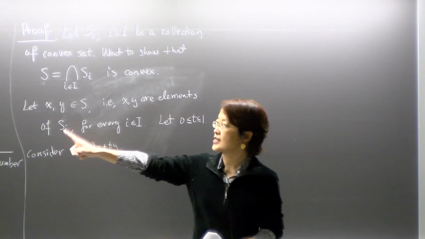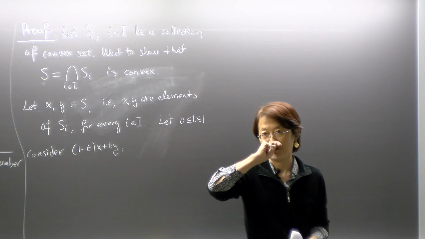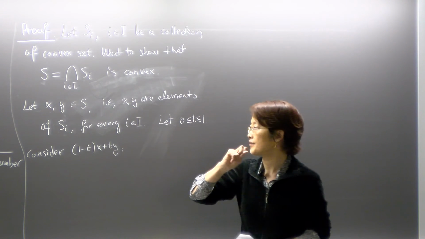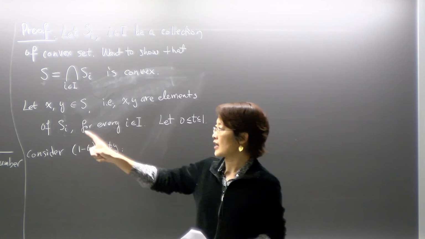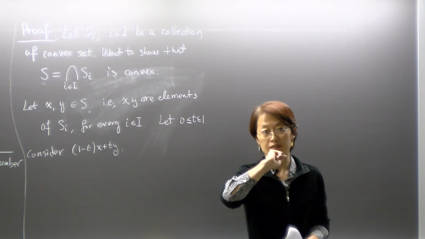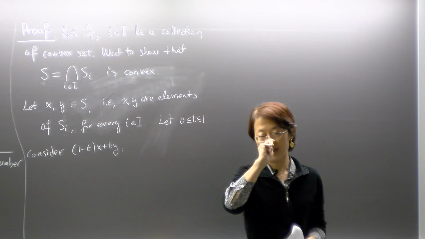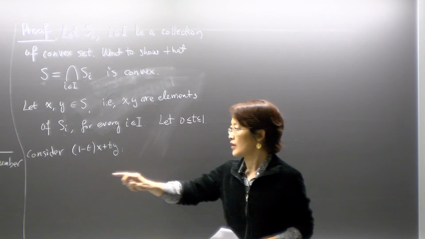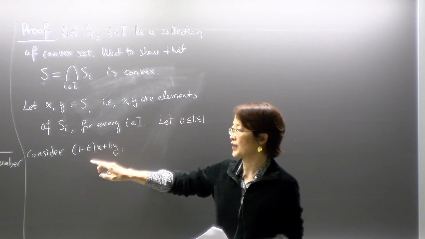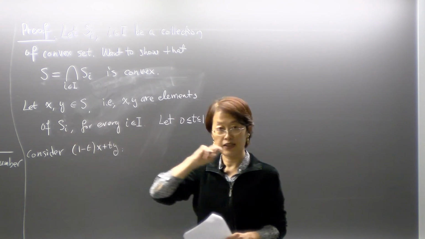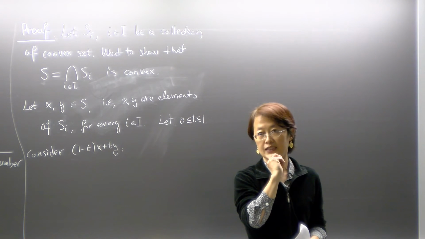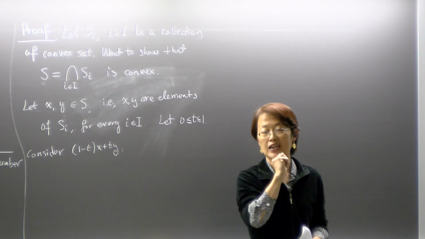Take one particular set Si, fix an i, we have an Si. I know both x and y will lie in Si. Is that right? And Si is a convex set. So a convex combination of x and y will lie in the set Si. Is that clear? For any Si.